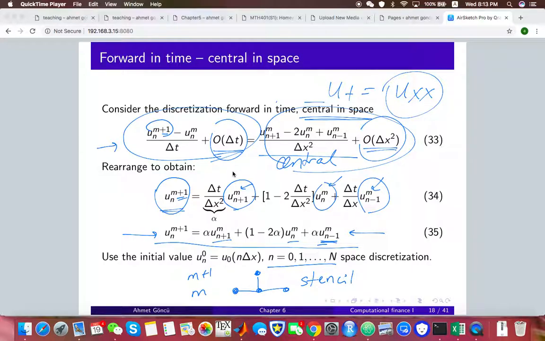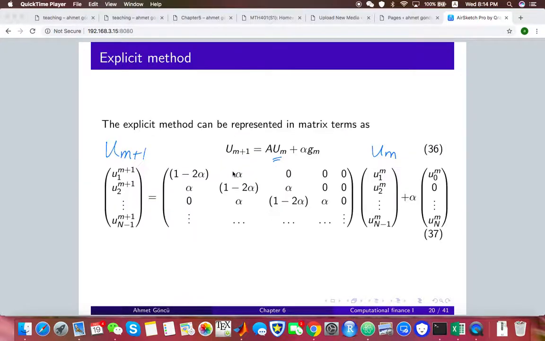And if small n equals, let's say, capital N, that corresponds to the right boundary. So if we exclude these boundary points, because boundary points are evaluated from the boundary conditions, we need to write capital N minus 1 equations in the system. Okay, so this is the number of equations that we need to solve.